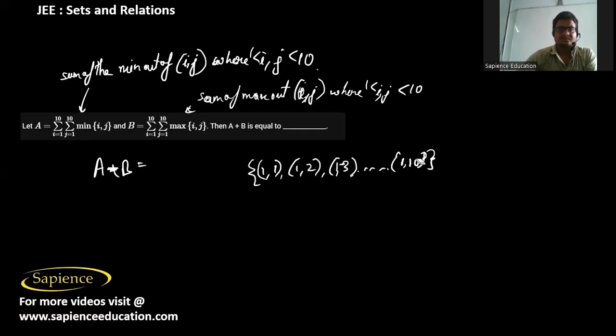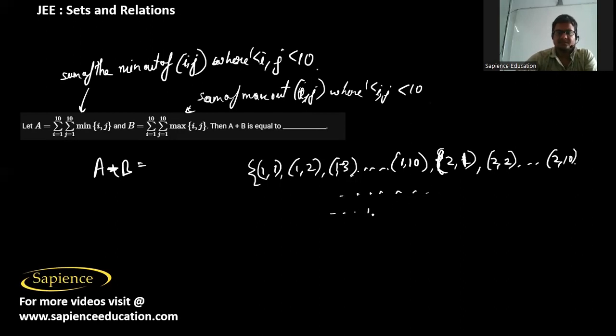And then we'll start with 2, 2 comma 1, 2 comma 2, etc. till 2 comma 10. Then for 3 also. And then lastly, we will have with 10, 10 comma 1, 10 comma 2, etc. till 10 comma 10.